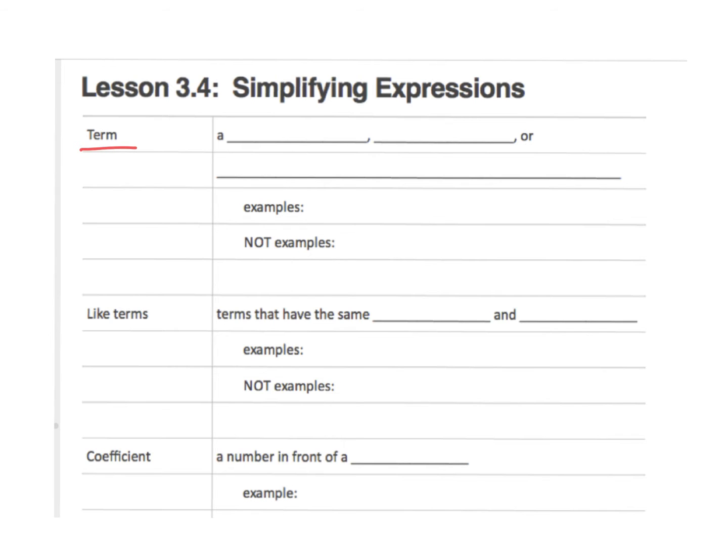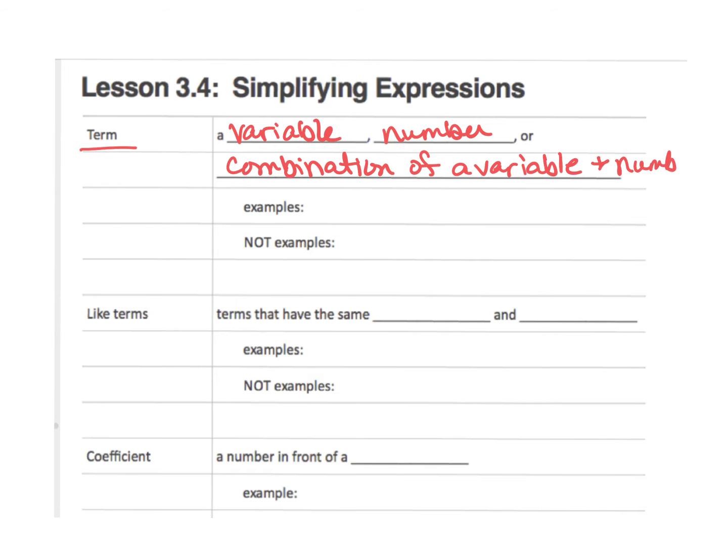So we're going to start out with three vocabulary terms I want you to put into your notebook. The first one is term. A term is a variable, number, or combination of a variable and number. And then I want you to add that they are separated by either addition or subtraction.